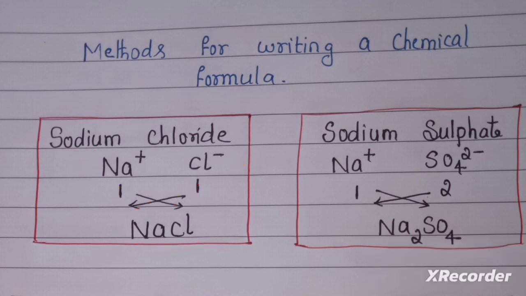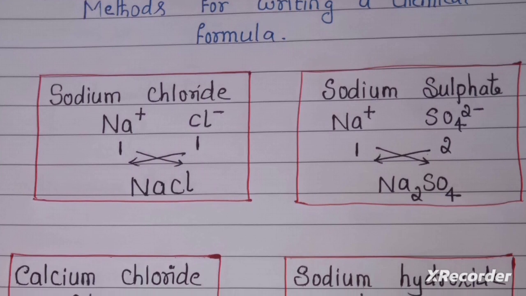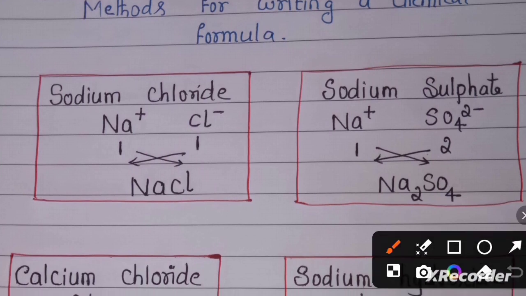Similarly, we have one more example, sodium sulfate. We know the sodium ion formula is Na plus and the sulfate formula is SO4 2 minus. So the charge on sodium ion is plus 1 and the charge on sulfate is minus 2. By the crisscross method, we need to take the valency of sulfate to sodium and write Na2, and the valency of sodium to sulfate.